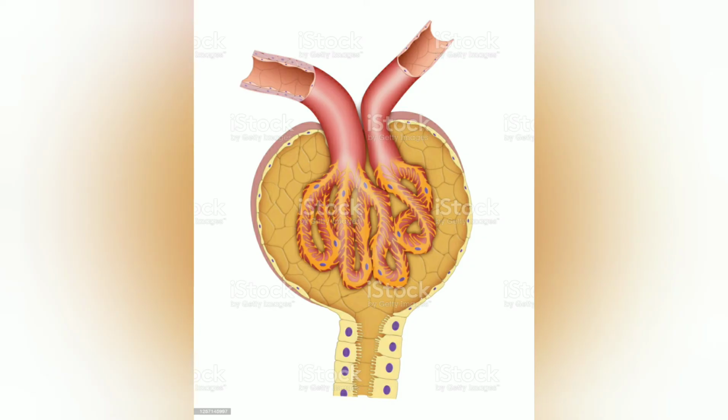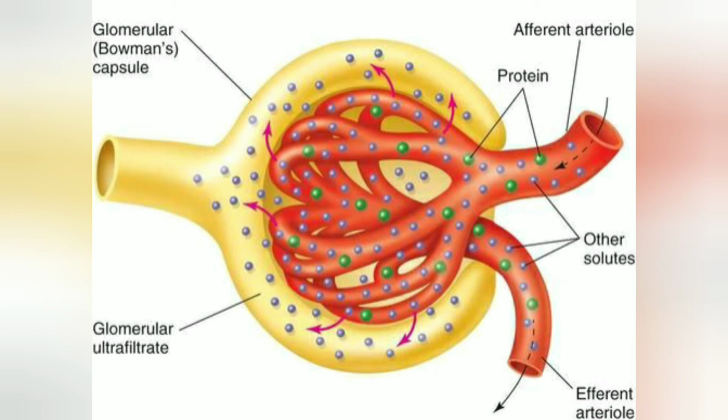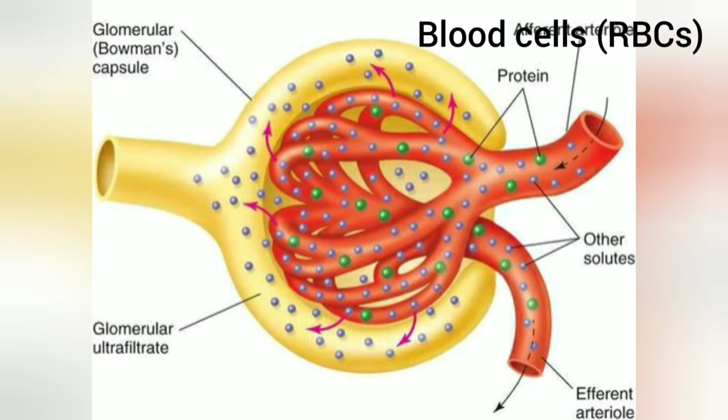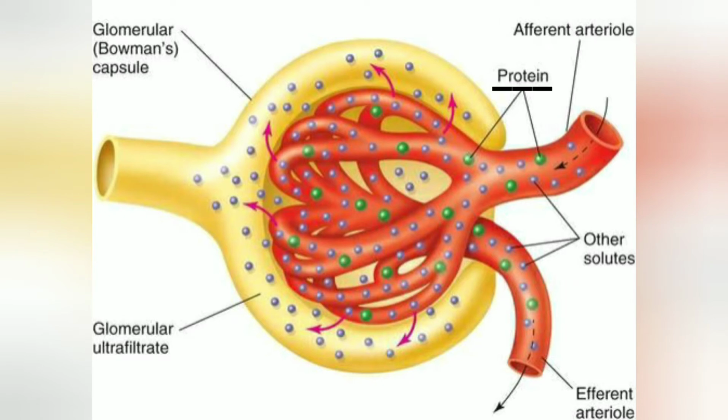Now here if you see the wall of capillaries, these capillaries are extremely thin. Because of high pressure which is exerted on walls, these walls become permeable to major components of blood. So here majority of components present in the blood is filtered except blood cells and macromolecules, for example protein.